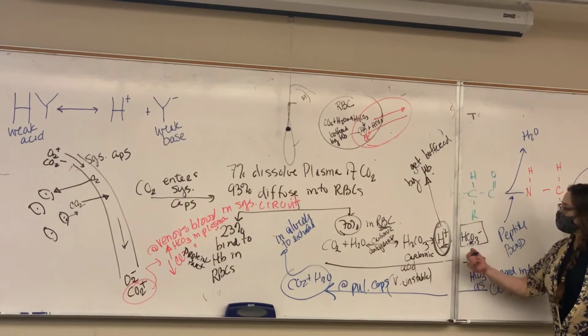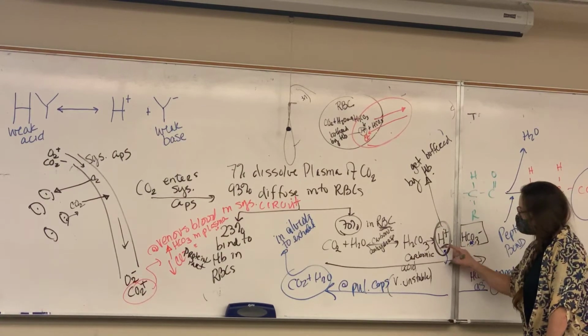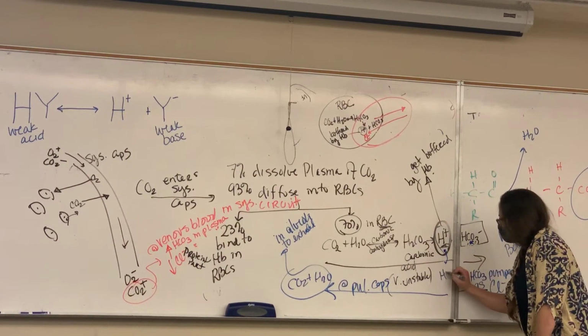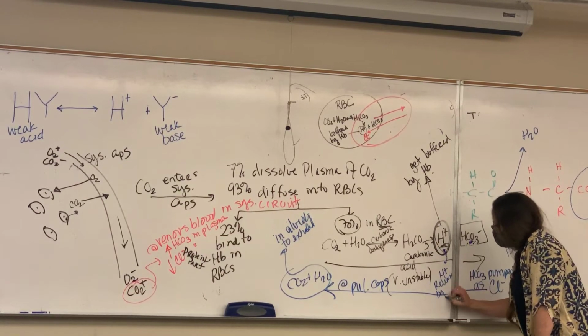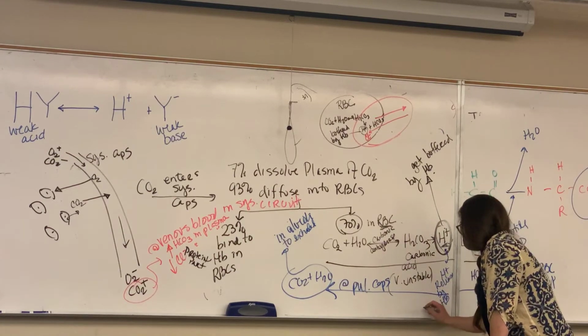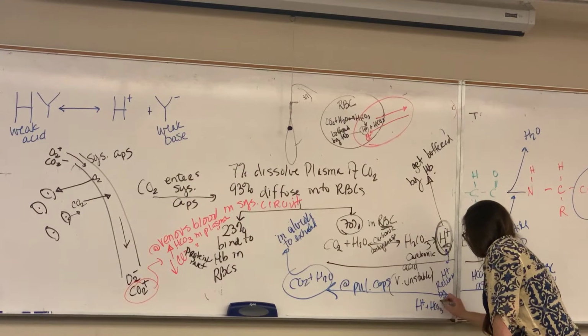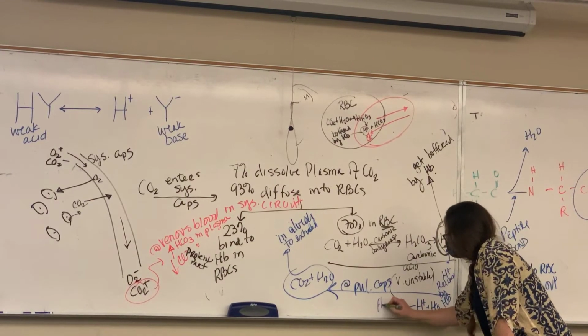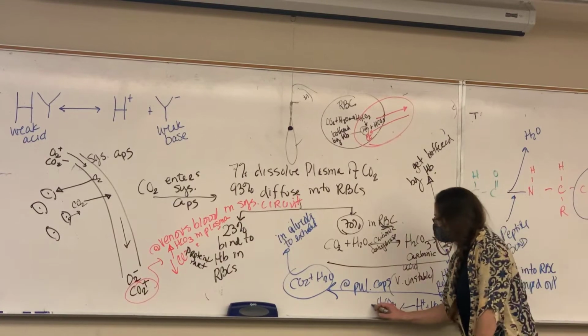And once you have that bicarb in your red blood cell, your hemoglobin will start releasing the hydrogens. Then you can get those two things coming together. Hydrogens and bicarb come together to form carbonic acid in the red blood cells at the pulmonary capillaries.